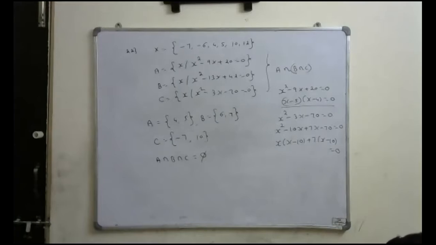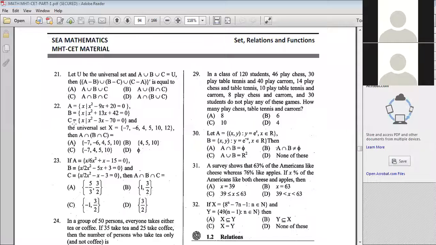Okay. Next, look at the next problem. 23rd problem. Do the same procedure, try. Set A is 6x squared plus x minus 15 is equal to 0.